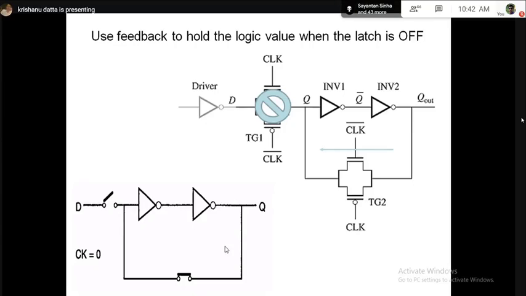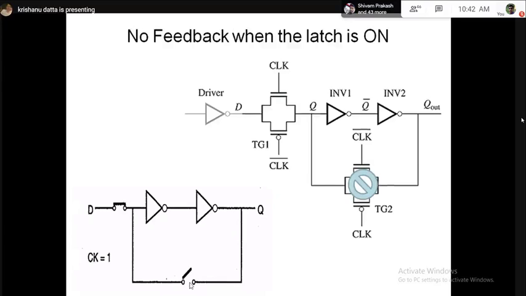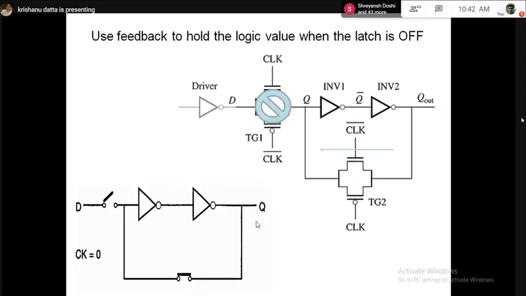So this is how this circuit is solving both noise and delay problem. When clock is 1, the input switch is on and the feedback switch is open, so data nicely goes to Q, no delay problem. When clock is 0, the feedback switch is closed and the input switch is open, so this back-to-back inverter is now active, so it can nicely hold the data.